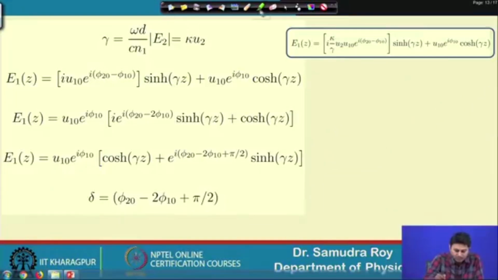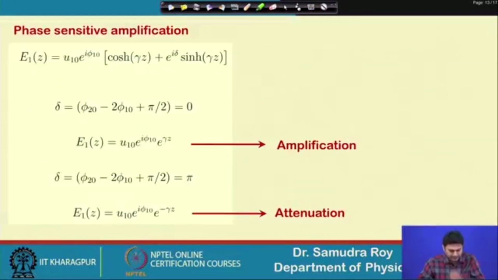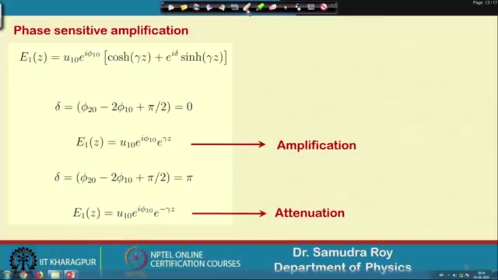Let us see what is the implication of this term. As I mentioned, we have one term here, which is e to the power of I phi 0, and then cos hyperbolic of gamma z plus e to the power I delta sin hyperbolic of gamma z, and my delta is this quantity.